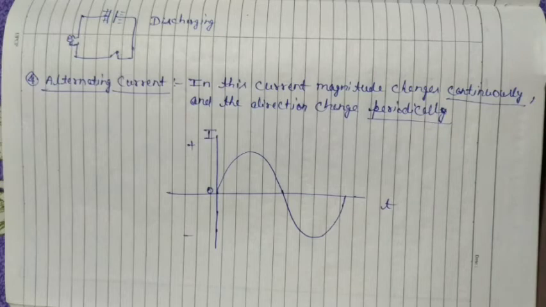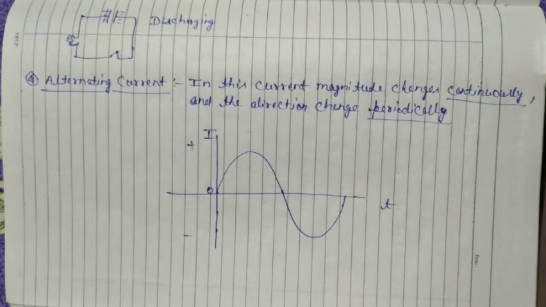And what will be its definition? Its definition will be: it changes its magnitude at every instant, and after a certain period it changes its direction.